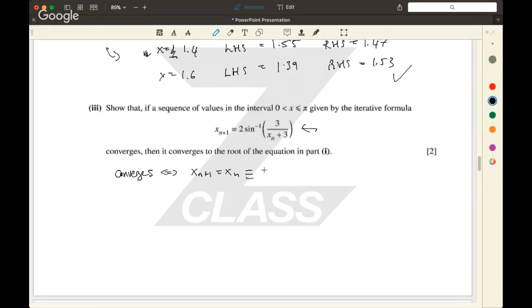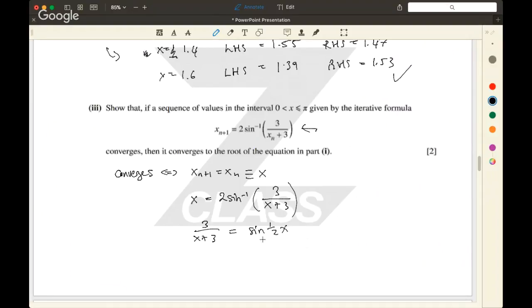So we're going to call that x. You're looking for when x is equal to 2 arcsine of 3 over x plus 3. And so 3 over x plus 3 is equal to sine of 1/2 x, and you can see where I'm going with this.